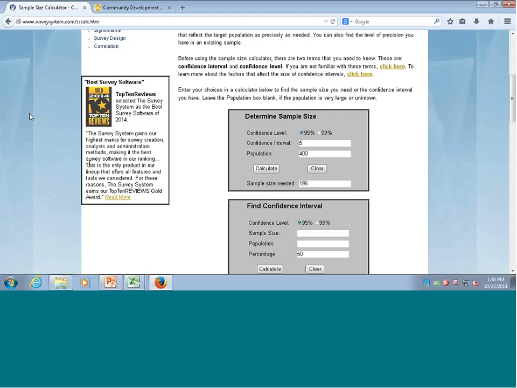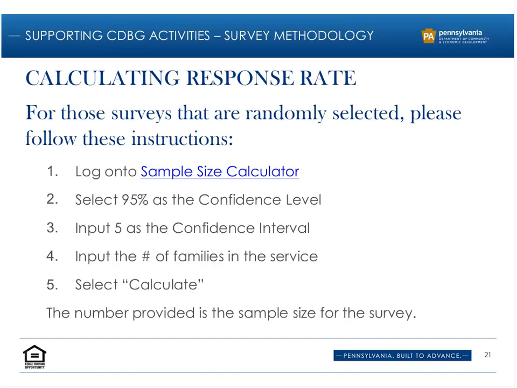You might put in, say, 623, and that would be your number. Those are the number of families that actually need to be surveyed under a random survey. Okay. Now, if we go back to the PowerPoint.